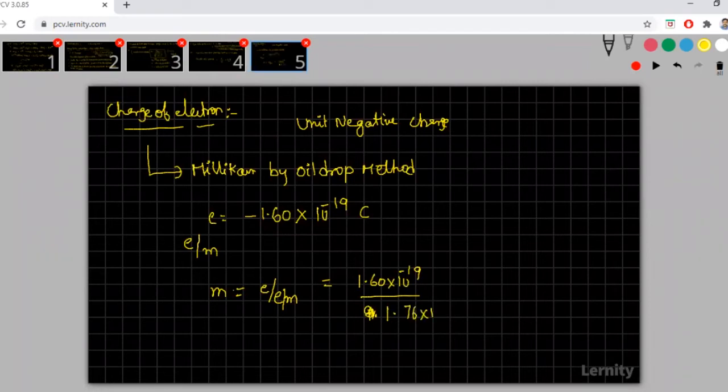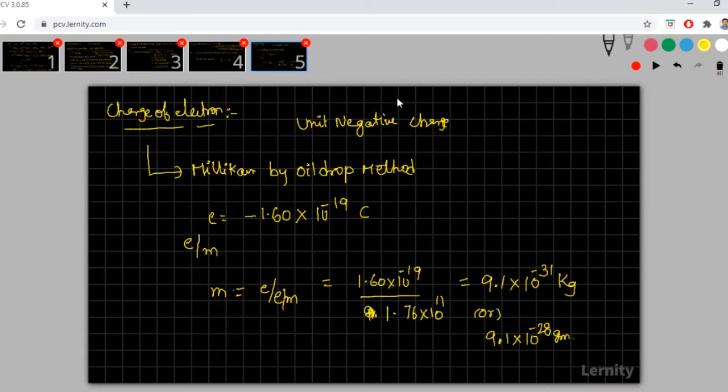When you do this calculation, finally you get the mass of the electron as 9.1 into 10 power minus 31 kg, or 9.1 into 10 power minus 28 grams.